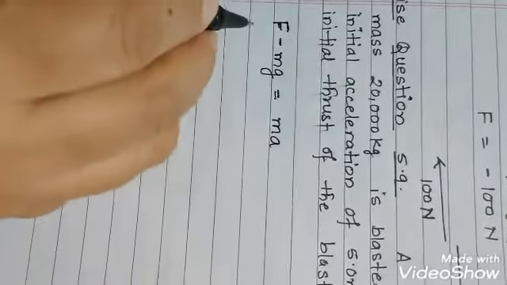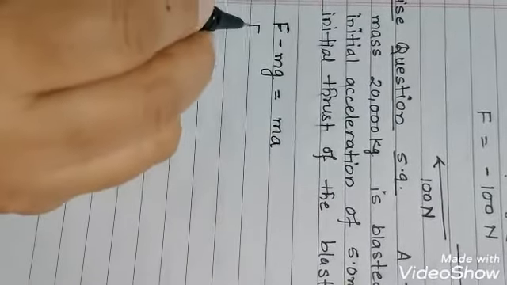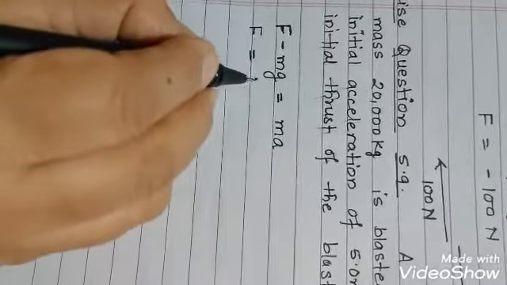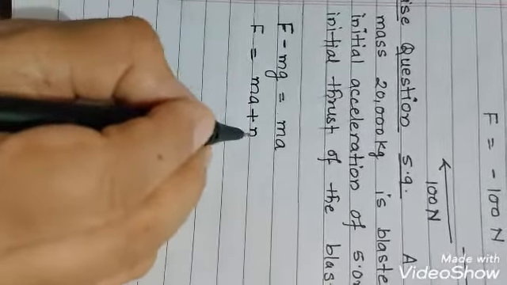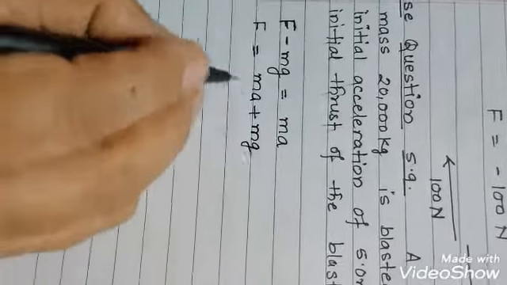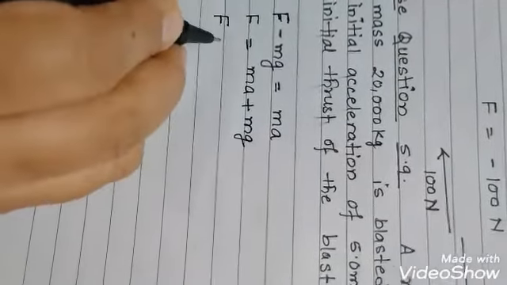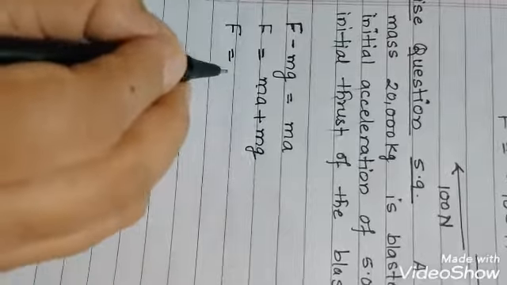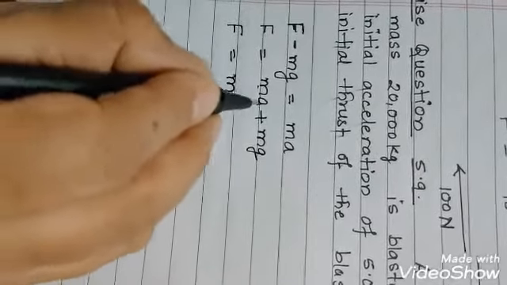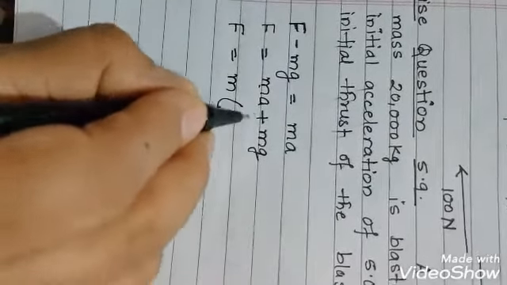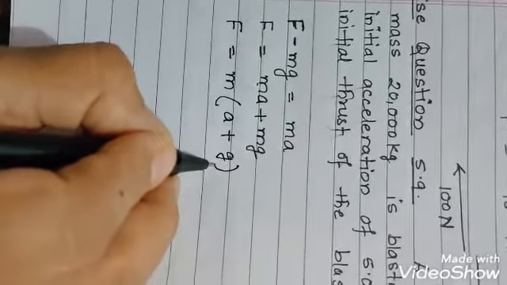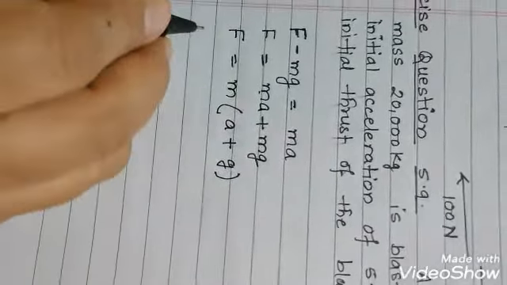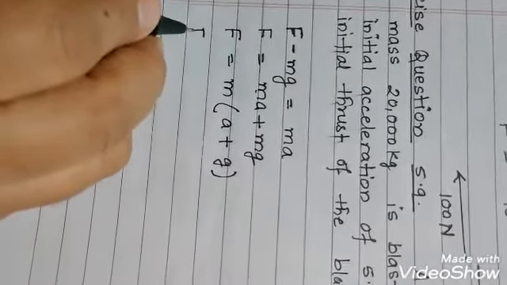So F is the initial thrust, mg is the weight of the rocket, m is the mass of the rocket, a is the initial acceleration produced on the rocket, and g is the acceleration due to gravity which is working in the downward direction or towards the center.